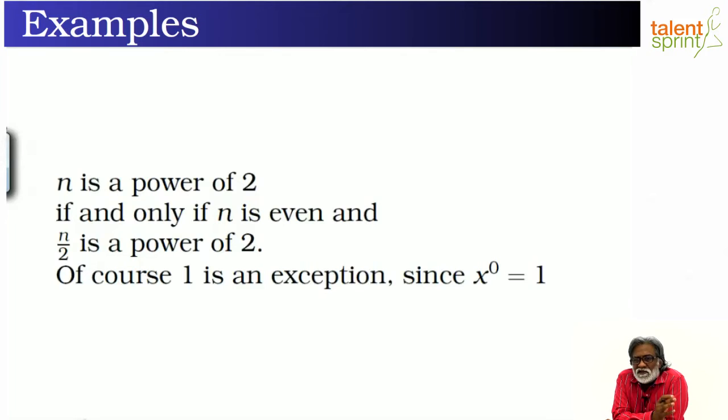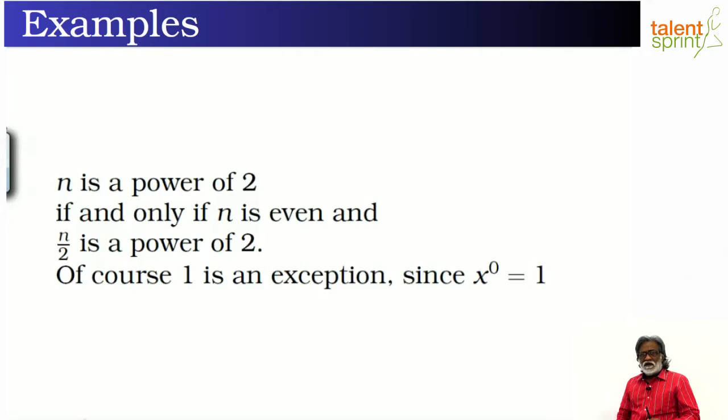If so, it is not a power of 2. We are done. What is remaining? We don't have 1, we don't have an odd number, so we have an even number. For even number, what does our algorithm say? It is a power of 2 if and only if n by 2 is a power of 2. So divide that number by 2 and then repeat the same process. That is a classic simple case of recursion.